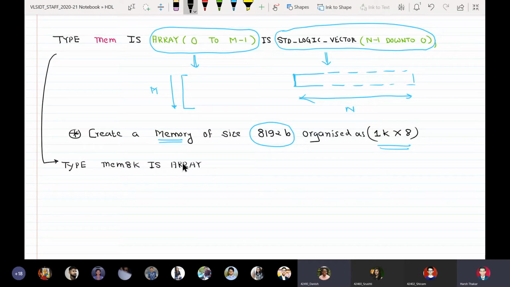Array 0 to 999? Wrong. See how m is written.